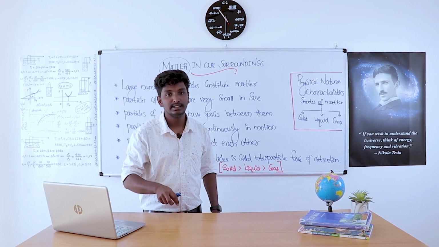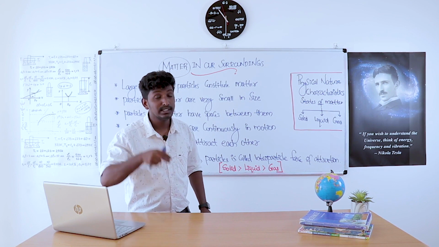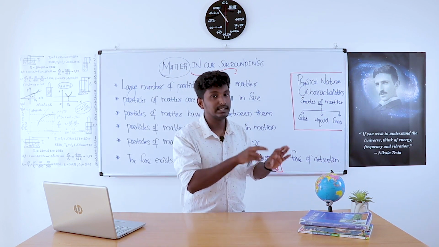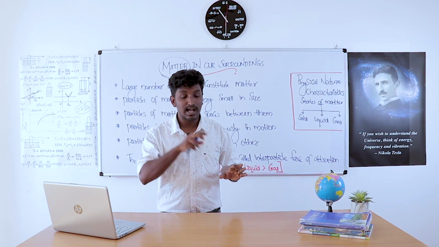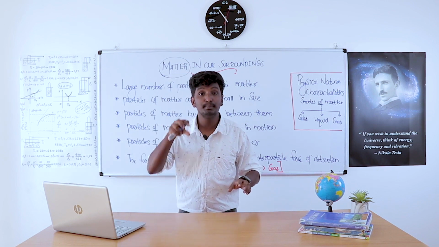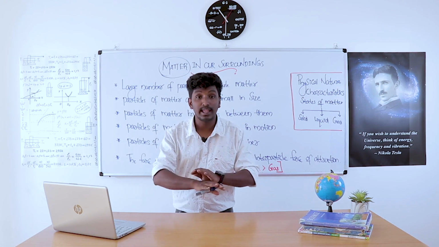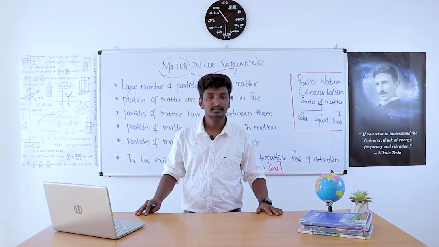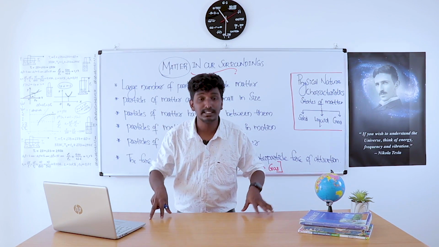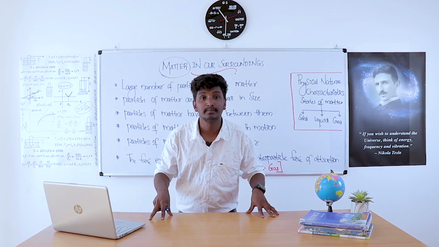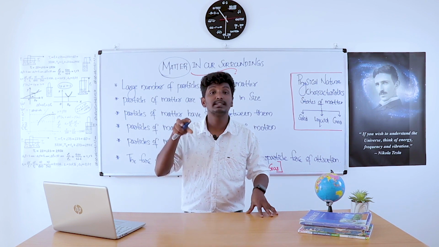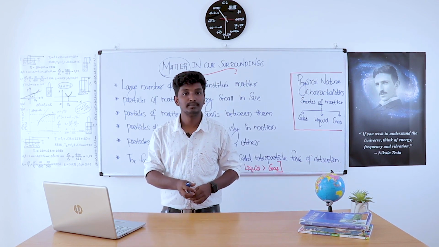We know that matter is made up of tiny particles called atoms. Atoms are the basic building unit of every matter. For every substance, for every object, these atoms are the basic building unit.